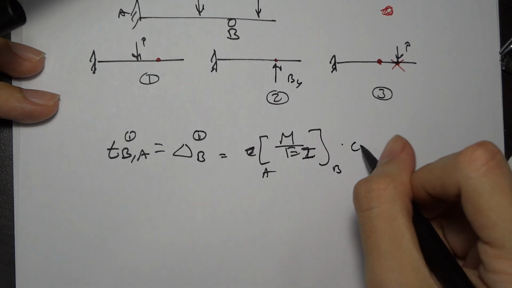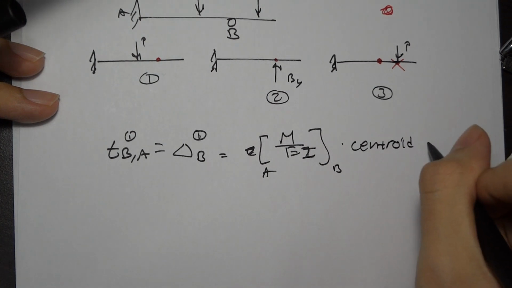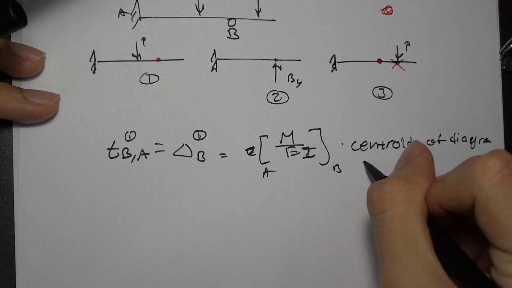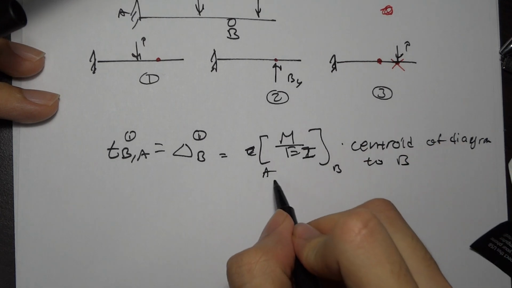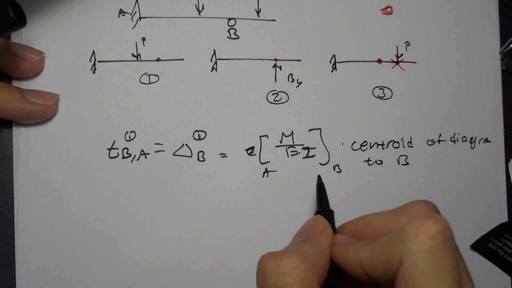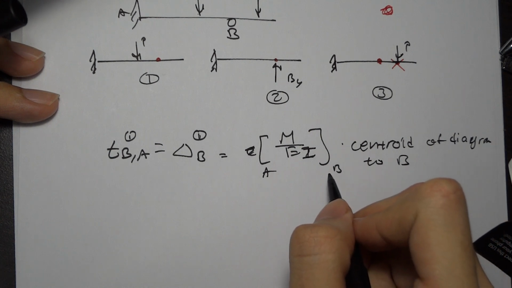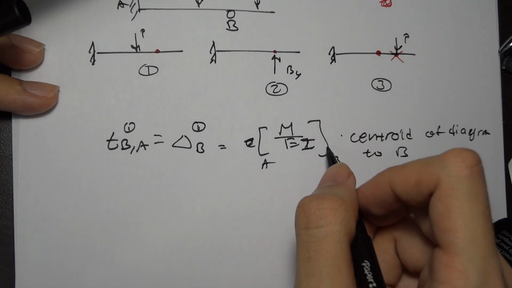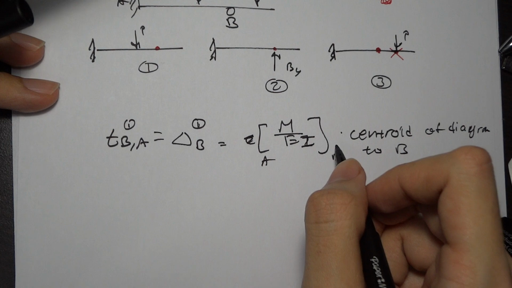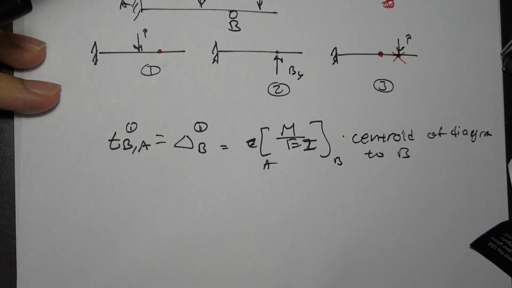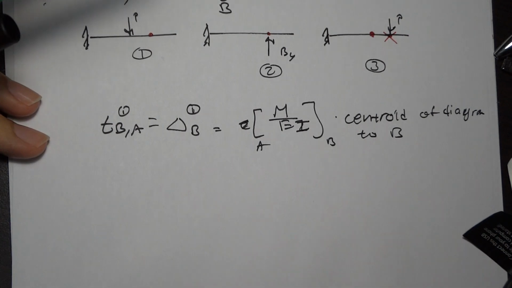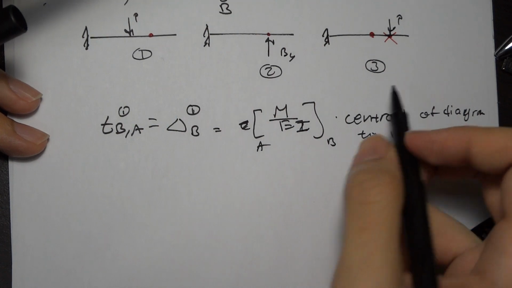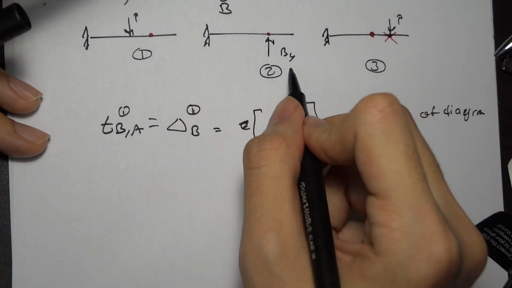Area of A to B times centroid to B. Yes, this is your equation, I believe. Am I missing an L here? I don't think so. That should give you the right units. Centroid of the diagram to B, and this is for 1, for 2, for 3.